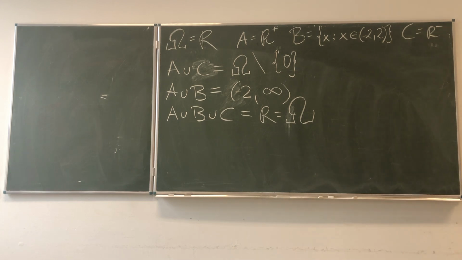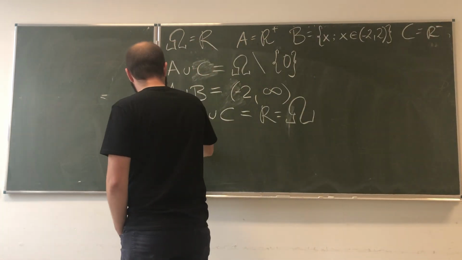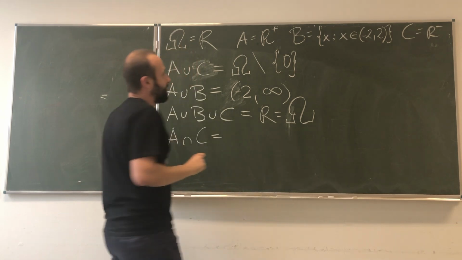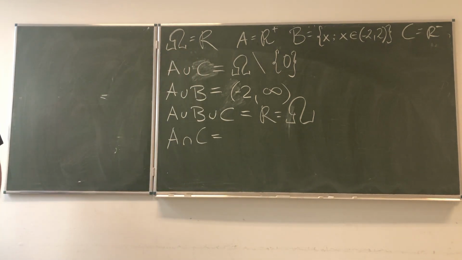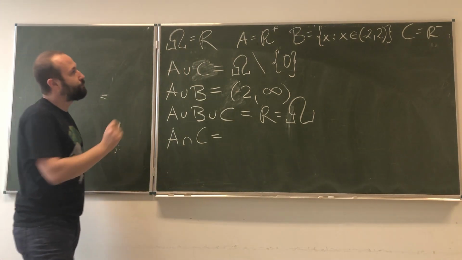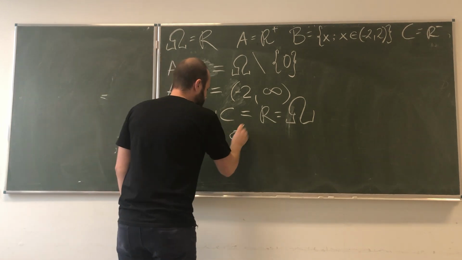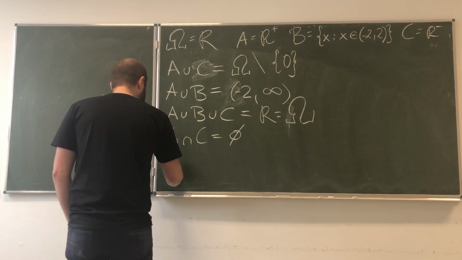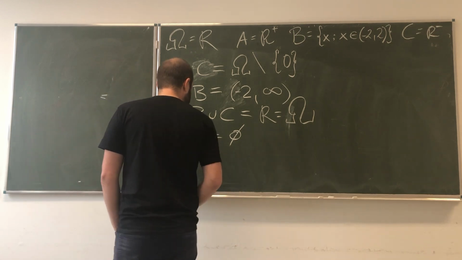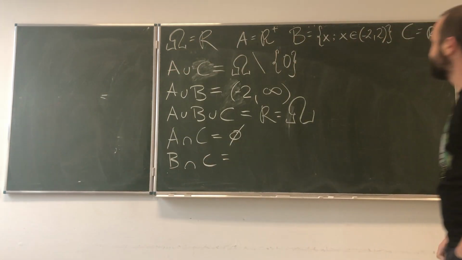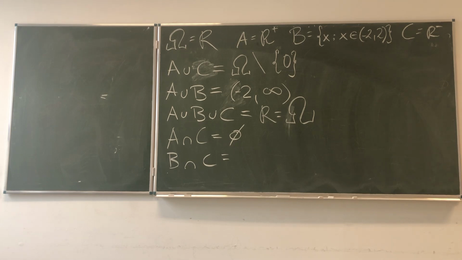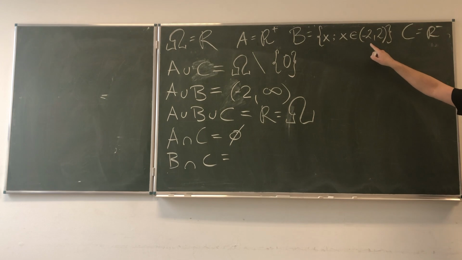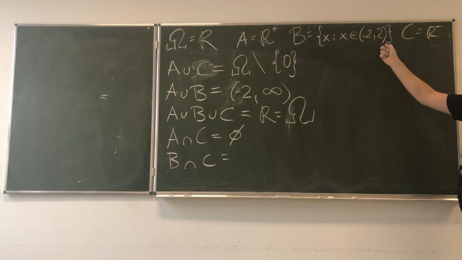Okay, now what is the common part of A and C? So what is their intersection? Nothing, right? Positive and negative numbers. So this would be an empty set. How about B, common part C? In this case, we see that those numbers start with -2 and go to 2.